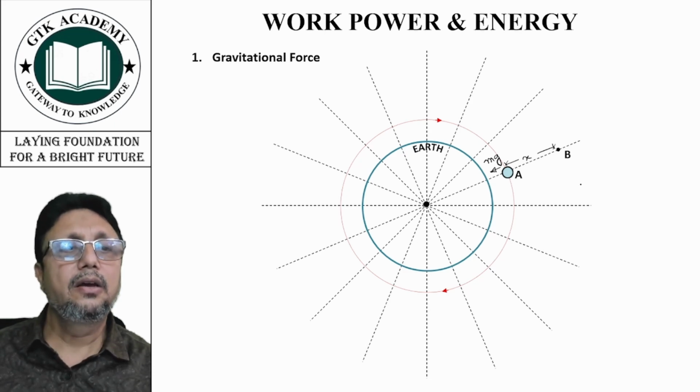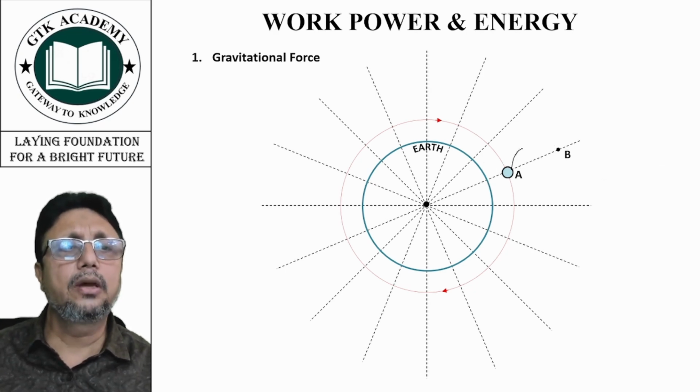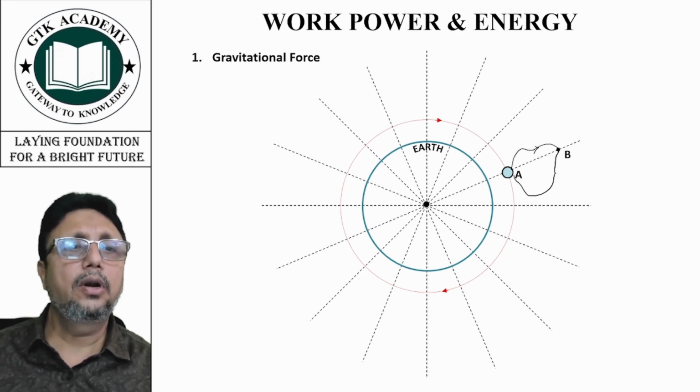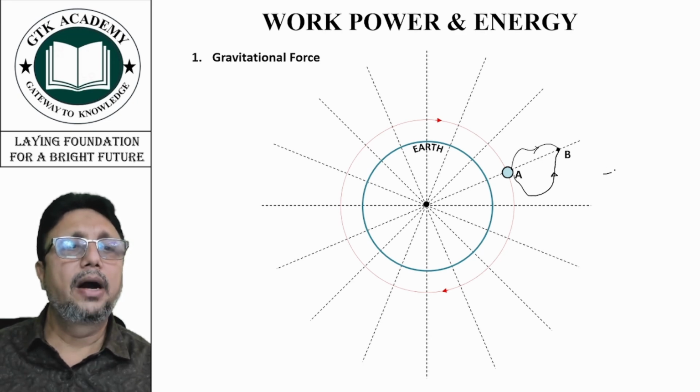So work done from A to B by gravity will be minus mgx, because the direction of force is opposite to the direction of displacement. Now you take the body through whichever route, like this or like this, whatever route you take, the work done will be minus mgx, if x is the distance between A and B.